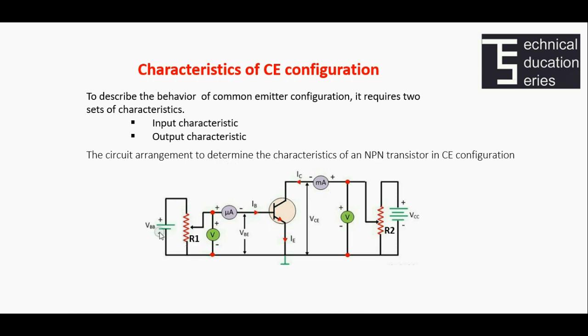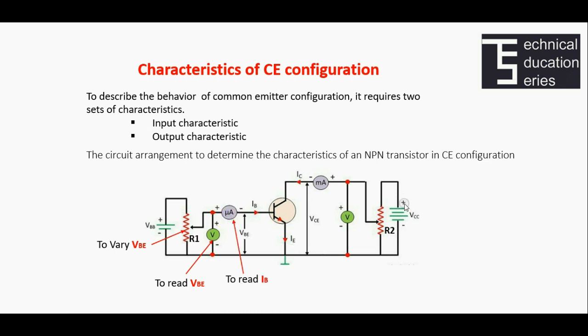In this arrangement, battery VBB is used to set the voltage between base and emitter, and the potentiometer R1 is used to vary the VBB so that we can set the VBE at any value, and the set value of the VBE can be read from the voltmeter. At this time, the current flowing through the base can be noted from the microammeter.